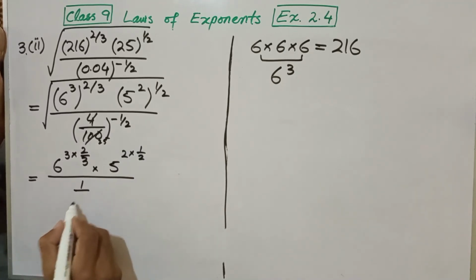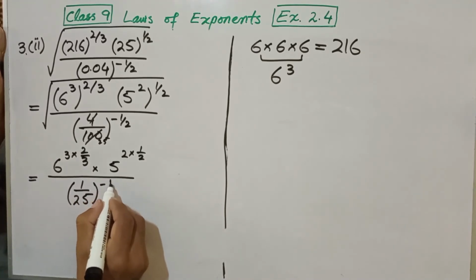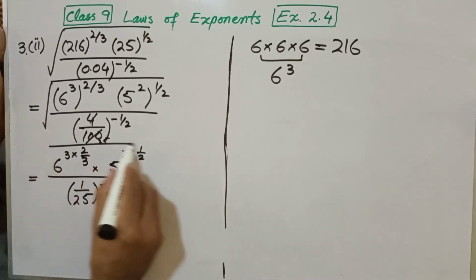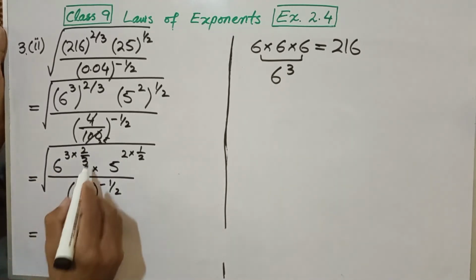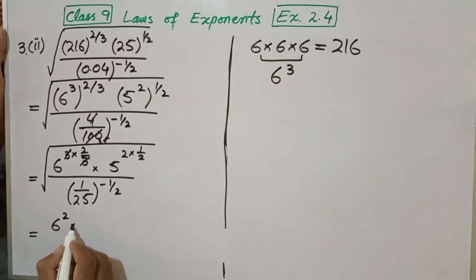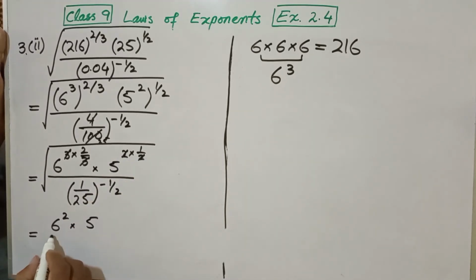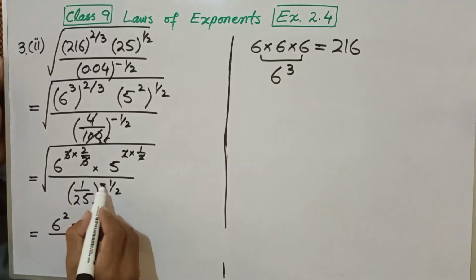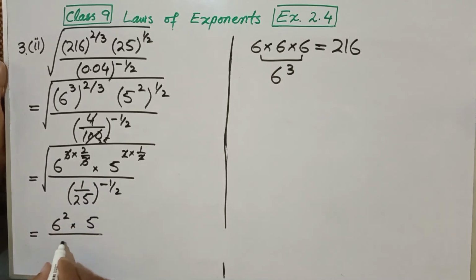We have 1 over 25 power minus 1 over 2, whole square root. 3 is cancelled. Here we have 6 square into 2 is cancelled, 5, and divided by, since we have a negative power, its reciprocal will be positive, that is 25 power 1 over 2.